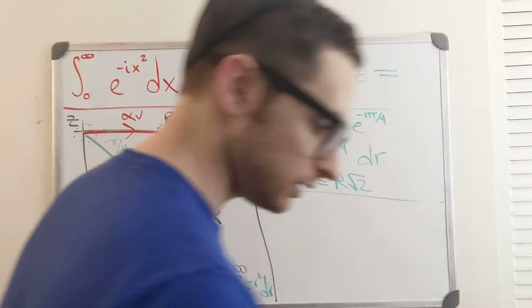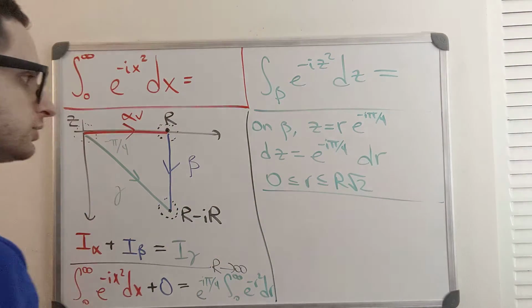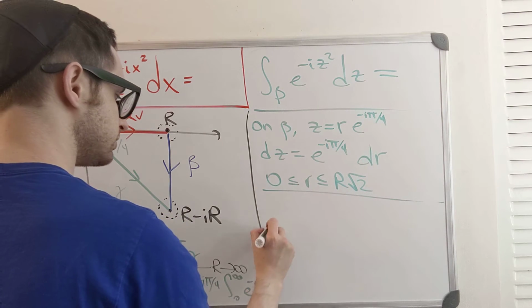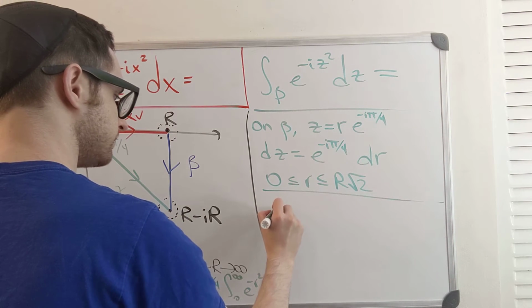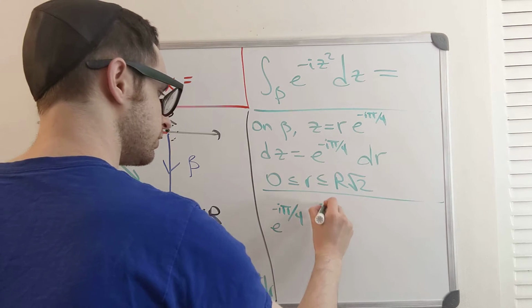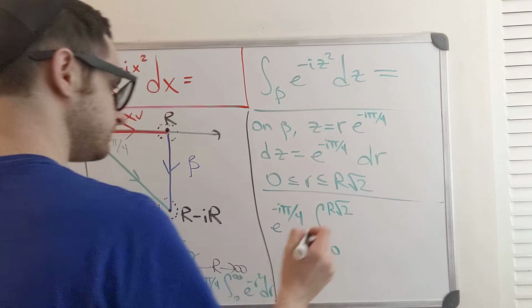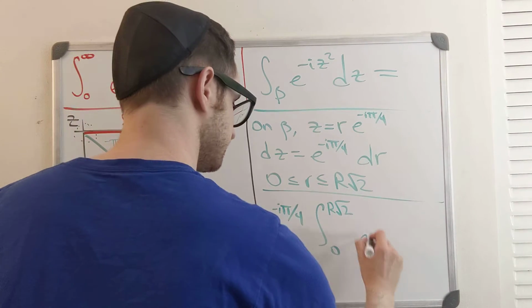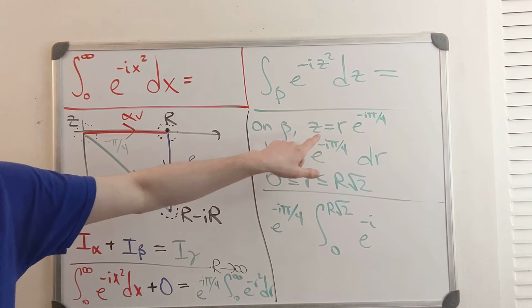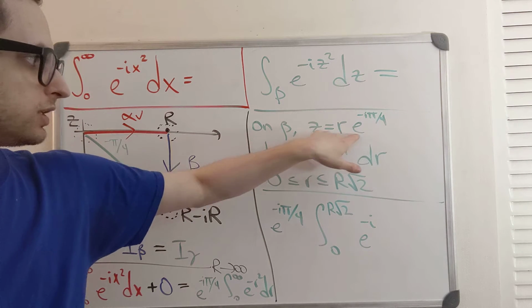Okay. Well, when we make this change of variables, things turn out nice and simple. We'll take this constant factor, e to the minus i pi over 4, and just set it up front. And we have this integral from 0 to r root 2. Okay, and it's e to the minus i times this quantity here squared.